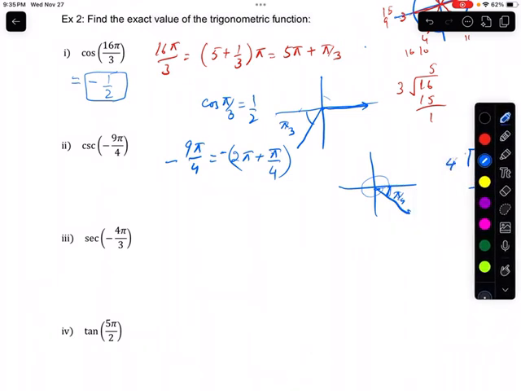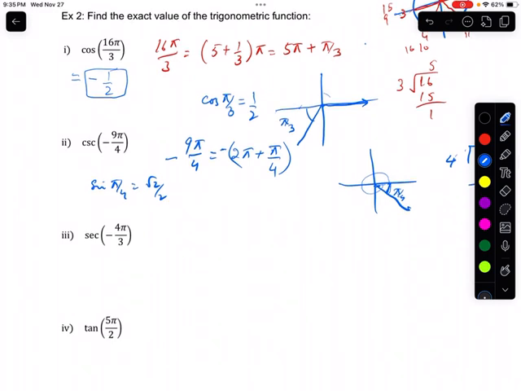Sine of pi over 4, we know, is square root of 2 over 2, but because we are in the fourth quadrant, our value will be negative, and we are looking for cosecant. So cosecant of pi over 4 will be 2 over 2, and we have found that it is square root 2. But we are supposed to find cosecant of negative 9 pi over 4.